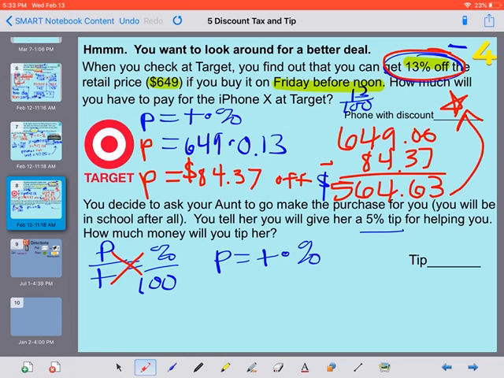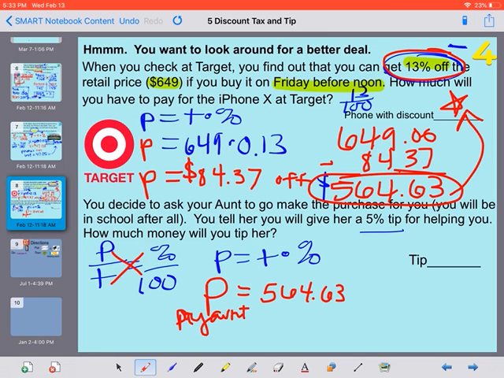So we know we're going to use our answer from up here because this is the deal that we're getting. That's our total price right now, $564.63. That's what we're paying at Target. That's why we're having our aunt go get it. We need to figure out what part we are going to pay our aunt. All right? So our total times our percent as a decimal, 5% out of 100%, that's 0.05, not 0.5. 0.5 is 50%.